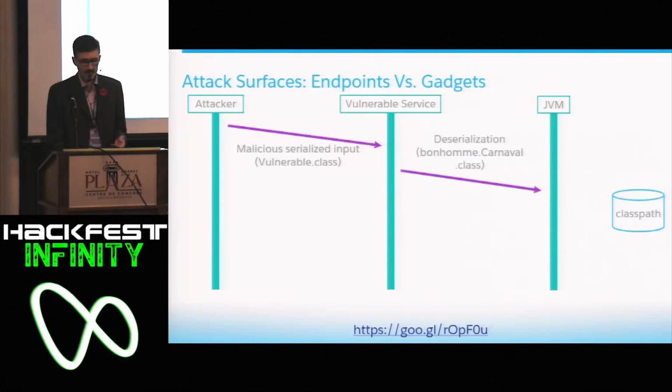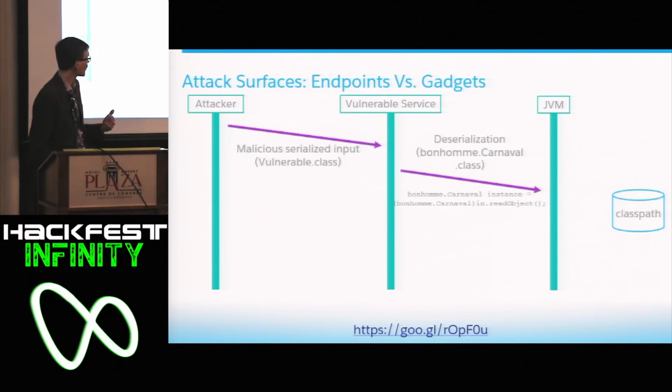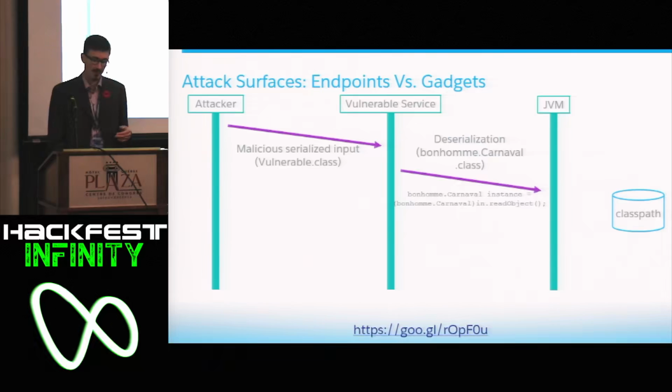The vulnerable service just takes the input and deserializes it. Of course, they don't accept Vulnerable. They are expecting Bottom comma Value. So from a code point of view, it looks like this. You call the read object method on the input, and then you cast it to your legit classes that you are expecting.